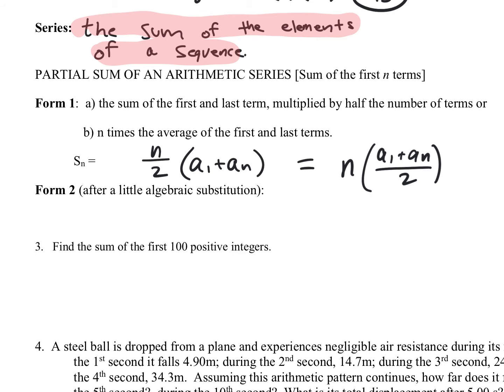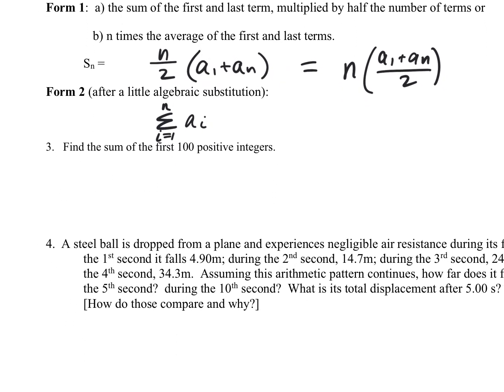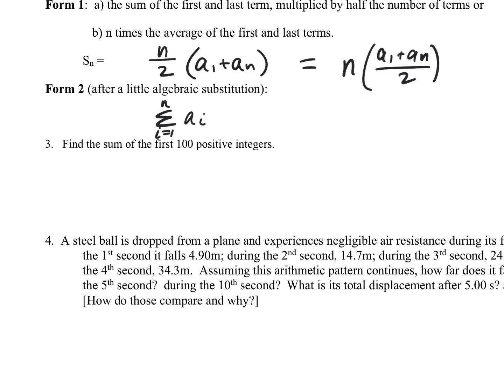Form 2, we can use our sigma notation. We can say the sum from i equals 1 to n of a sub i. Looking at example 3 here, they ask us to find the sum of the first 100 positive integers. So what this really represents is 1 plus 2 plus 3, and so forth.